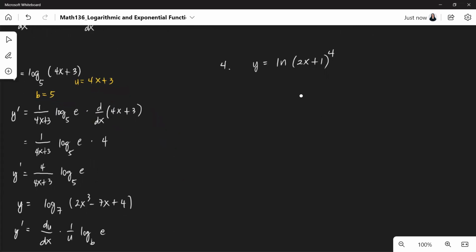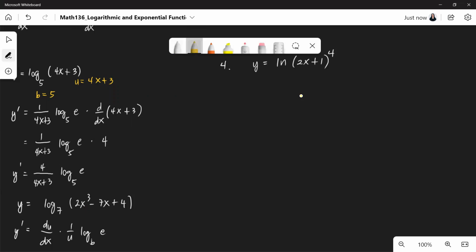Okay, so basically this is your u, so that we can use the D19. Let u be equal to 2x plus 1. So its form is now ln of u raised to the power of 4, right?